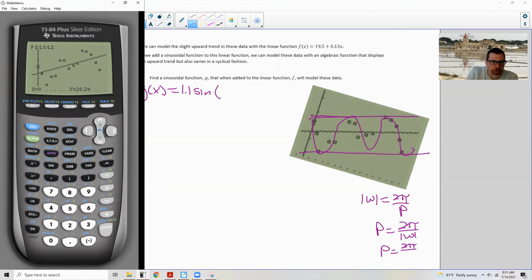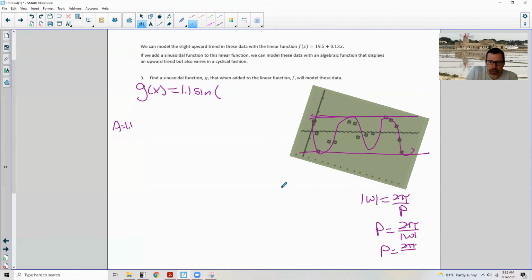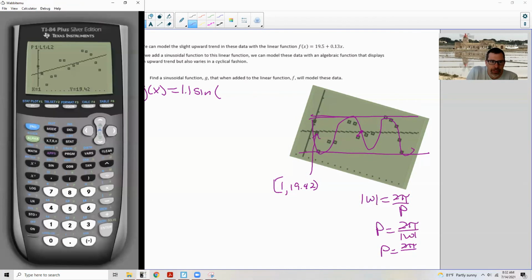So I want to know what this point is. This point is 1, 19.42. So I'm going to write that. 1, 19.42 is this point right here. And if I go down, stop, up, stop, then I would want maybe this point right here. So if I go back to my calculator and arrow over to the right with my tracer, it's going to bring me to that point right there, which is 7, 20.04.